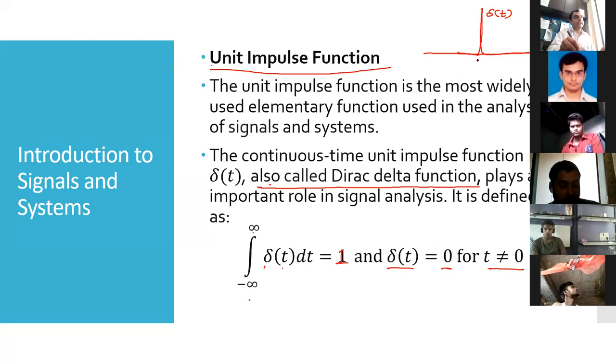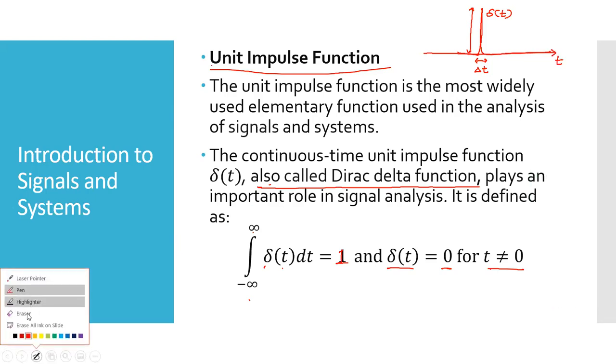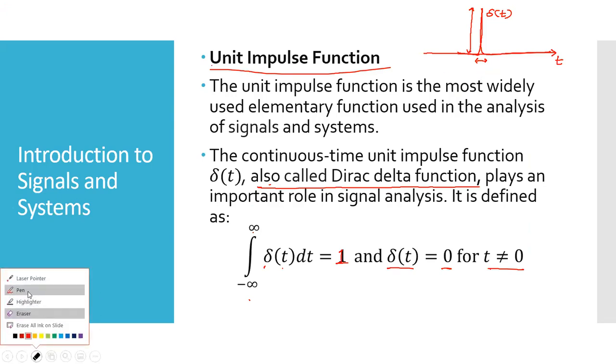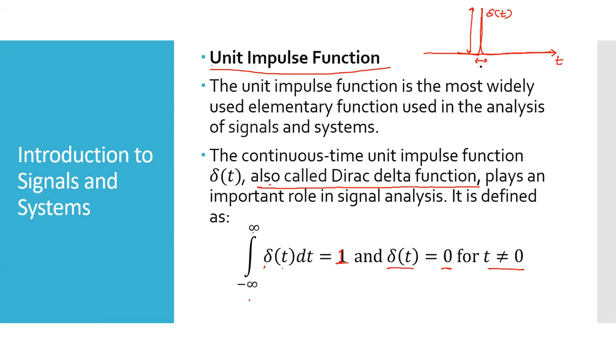Now try to understand, if the width of this impulse is delta, let us say, then the height will be 1 upon delta. Understand?